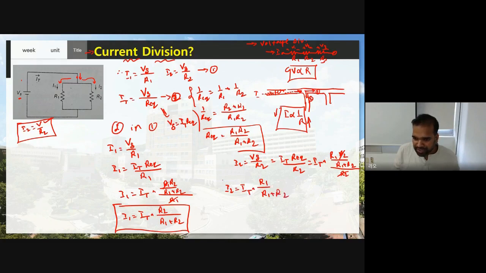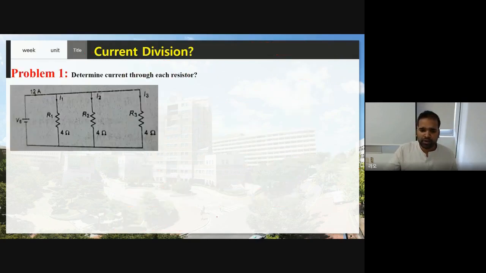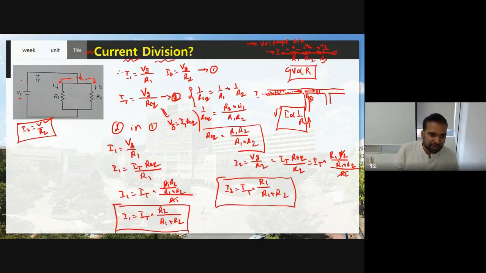Now you clearly observe the I1 formula and I2 formula. Here I want to find I1. First you need to write IT. IT stands for total current flowing from this source. Okay, this is IT. You already know this one. IT into, what is the numerator here? As you are finding current at R1, the opposite resistor, how many opposite resistors do you have?